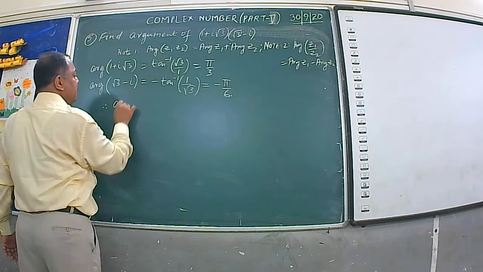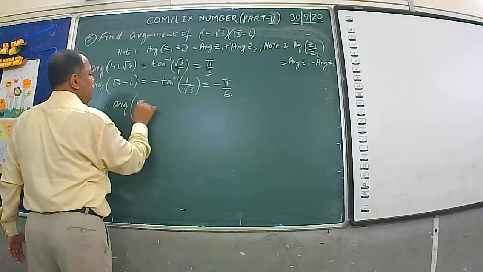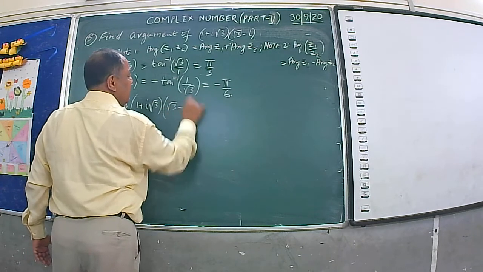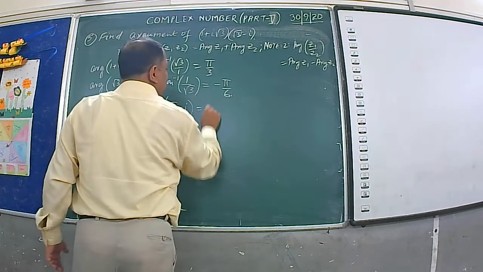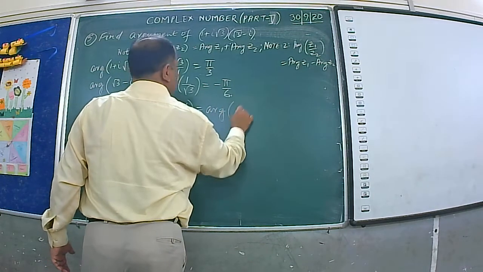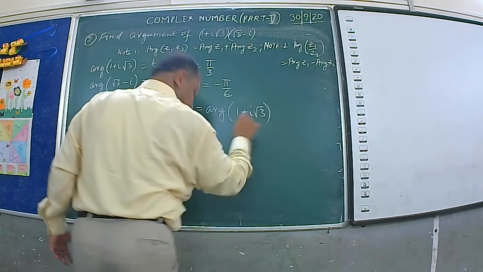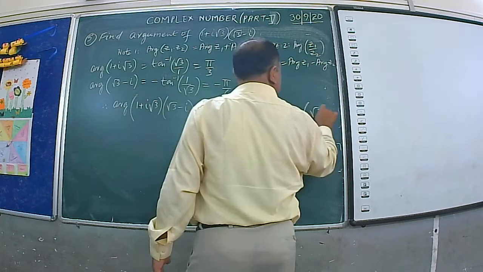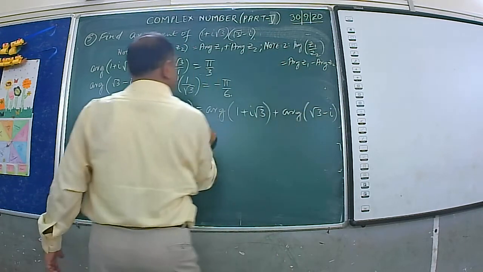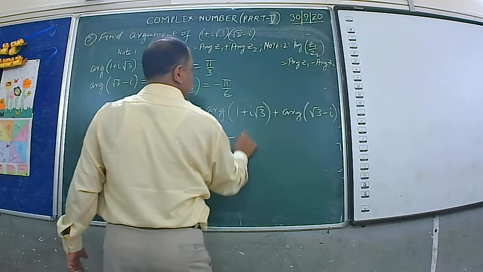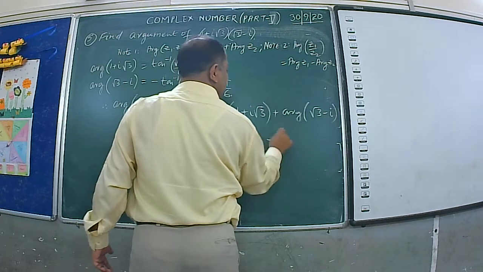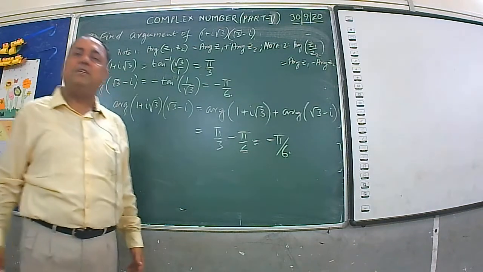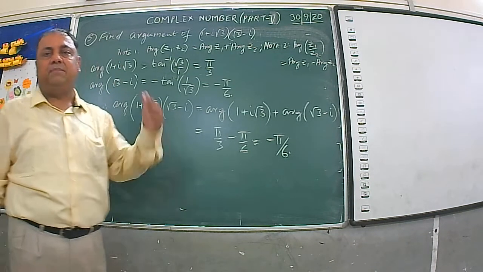Therefore, argument of 1 plus i root 3 into root 3 minus i is equal to argument of 1 plus i root 3 plus argument of root 3 minus i, that is equal to pi by 3 minus pi by 6, which is pi by 6, the argument of this particular given complex number.